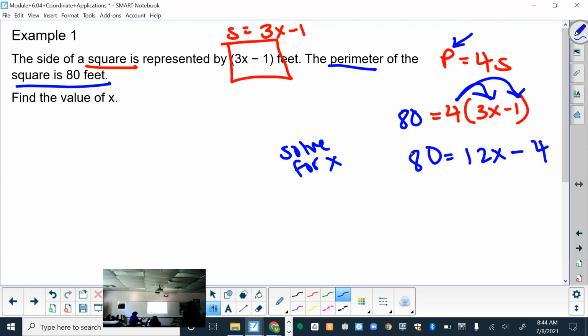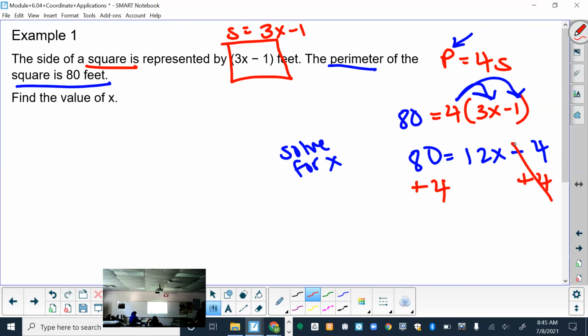Bring this 80 down. We haven't done anything to that yet. Next, start isolating the x. So do I get rid of the 12 first or the minus 4 first? You undo what's farthest away from x last, so since the minus 4 is right next to it, you're going to want to get rid of the minus 4 first. Opposite of minus 4 is plus 4. So add 4 on each side.